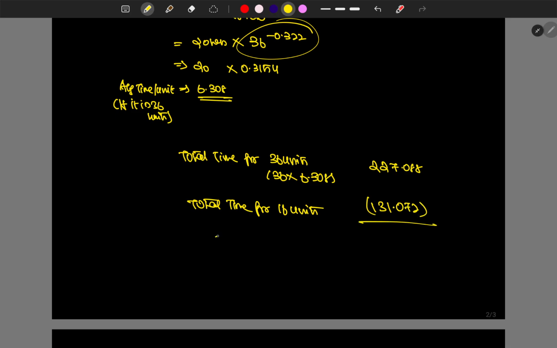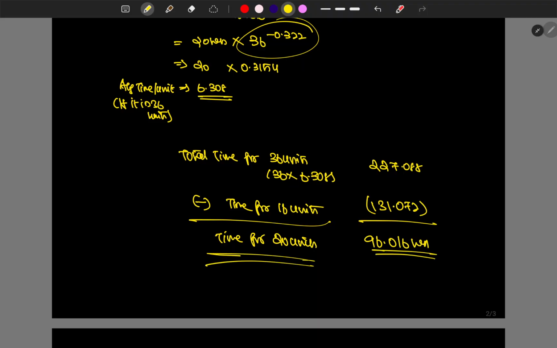So the time for 20 units is 96.016 hours. This is the time required for the additional 20 units.